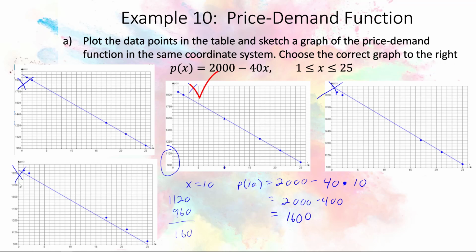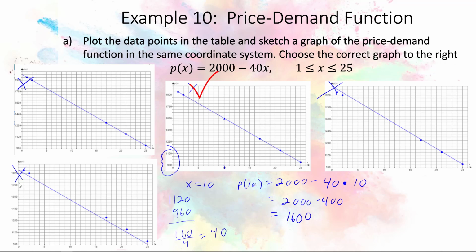Okay, so this distance right here is 160. There are 4 divisions, and 160 divided by 4 is 40. So each of these divisions is worth $40. Okay, and that might come in handy if you actually were at this point right here. That would of course be 1,640. So that's just an idea of how you would compute the divisions for things which are a little off. Okay, so this is the correct one, so we are good to go.